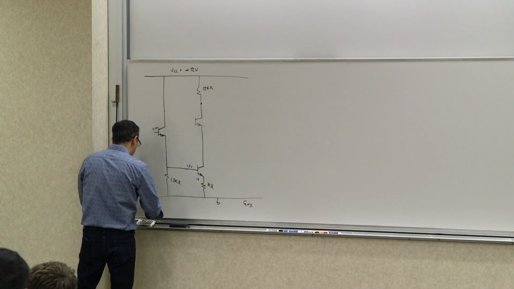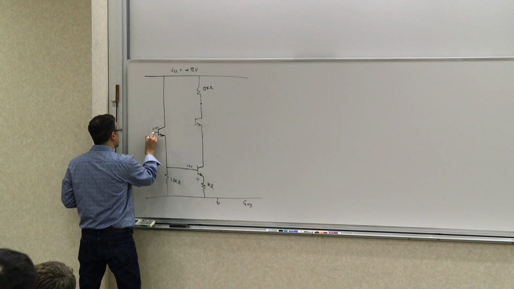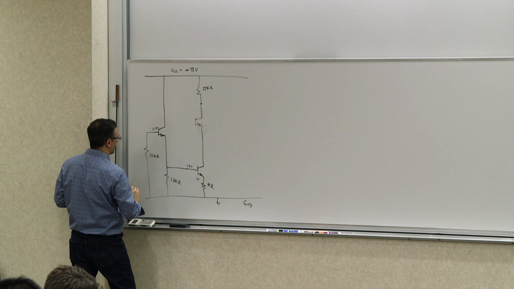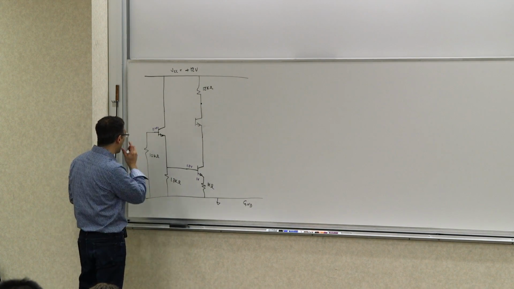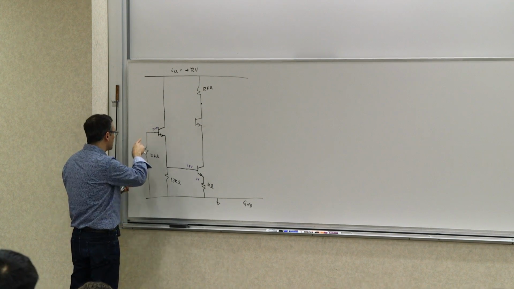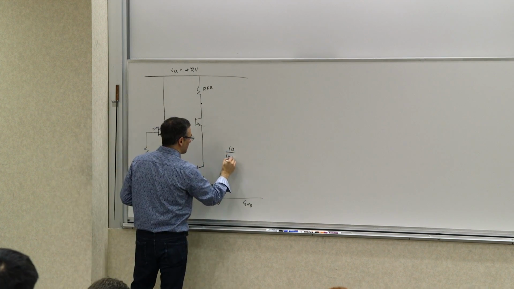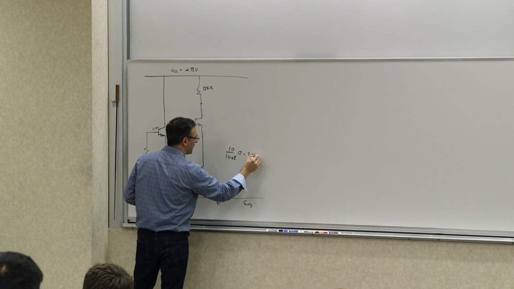If I put a 10 kilo ohm here, right? I want 10 kilo ohms divided by the sum, times 12, to be 2.4. So 10 divided by 10 plus that R at the top, times 12, is going to be 2.4 volts.